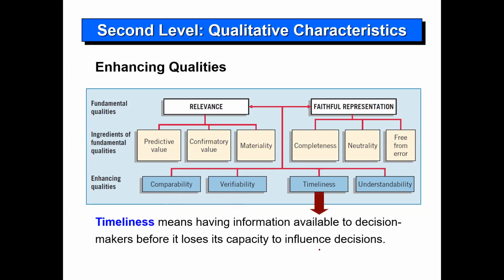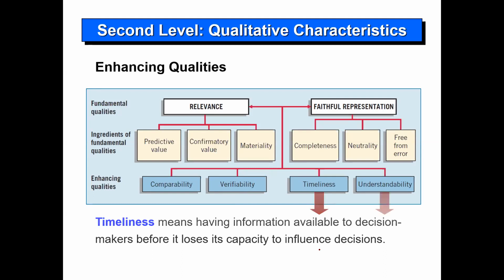And the information must be available to decision makers before it loses its capacity to influence decisions. Of course, timing is a very important issue in information. Whenever you know information, you have to know it at the appropriate time, otherwise the information will lose its capacity.